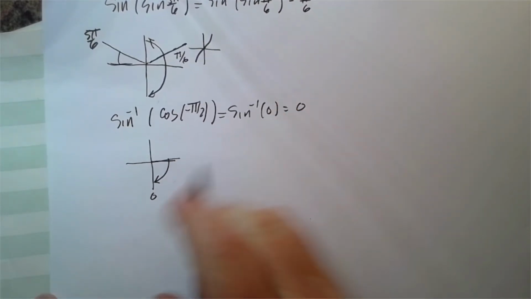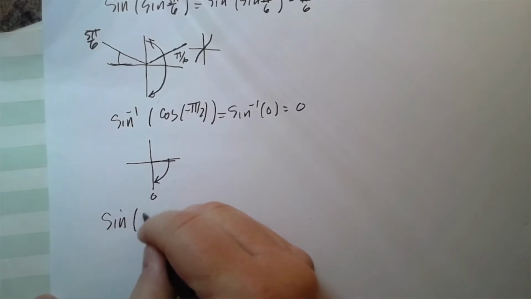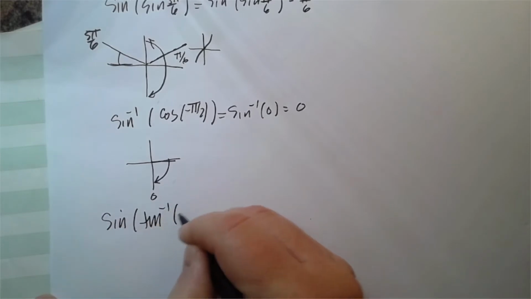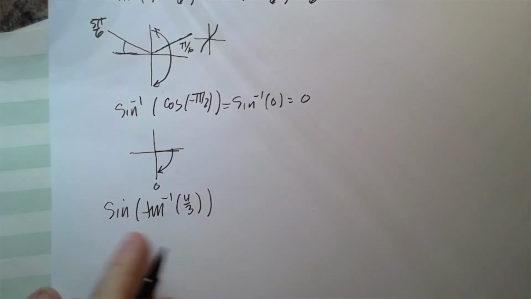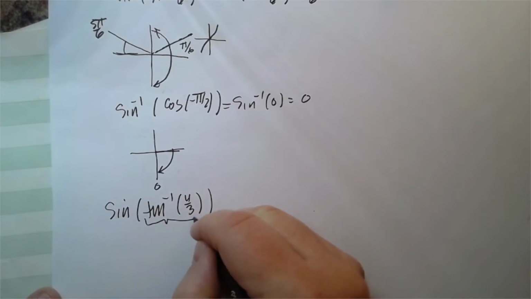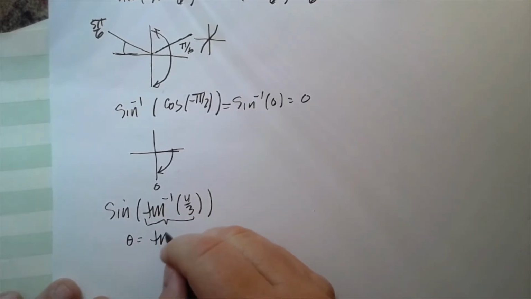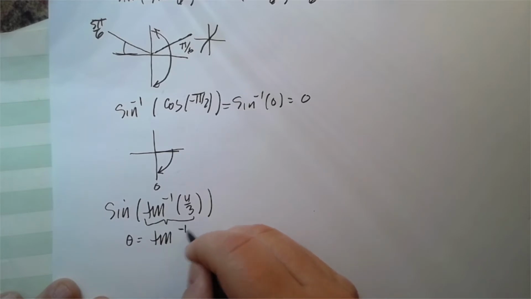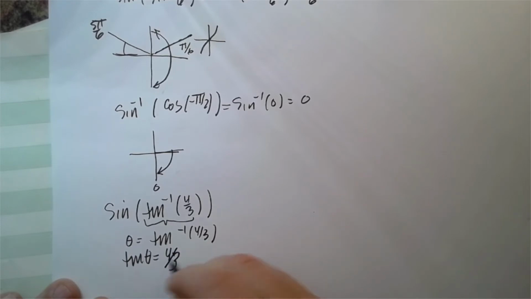Alright, one more. Sine of tangent inverse of 4/3. Now this one's a little different because notice they swapped. So this is actually an angle. So we could write this as theta equal to the tangent inverse of 4/3, which would mean that tangent of theta is 4/3. Now, put this in a triangle. Here's theta.